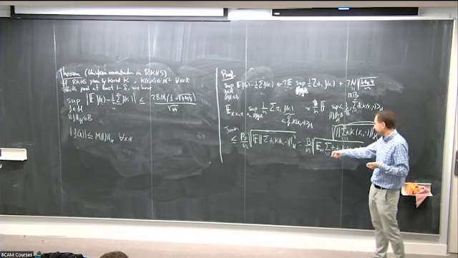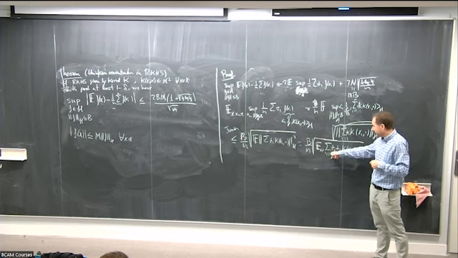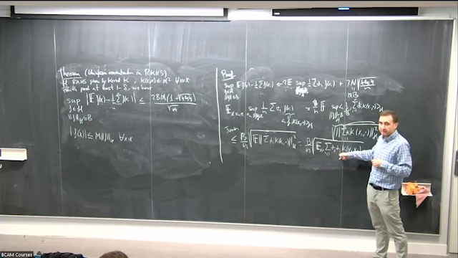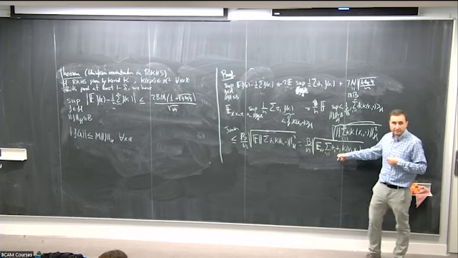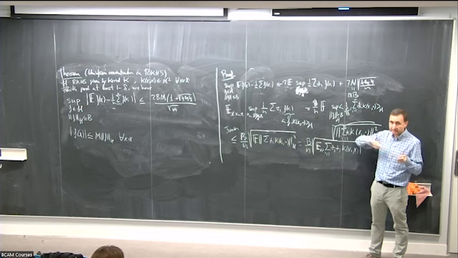So the sigmas are independent, right? So the expectation of sigma i times sigma j is the same as the expectation of sigma i times the expectation of sigma j.